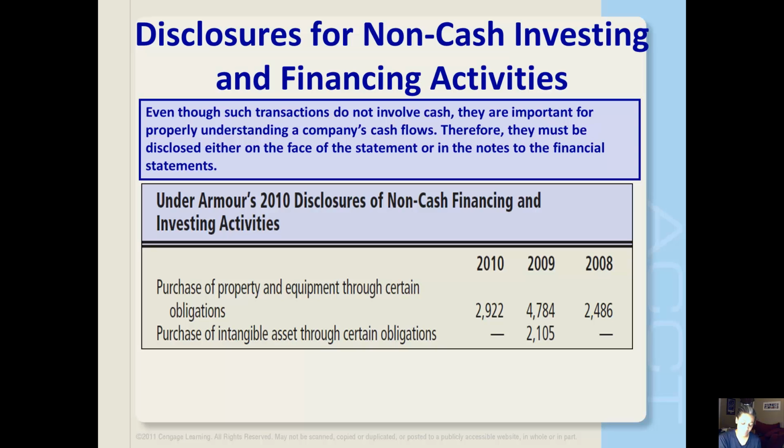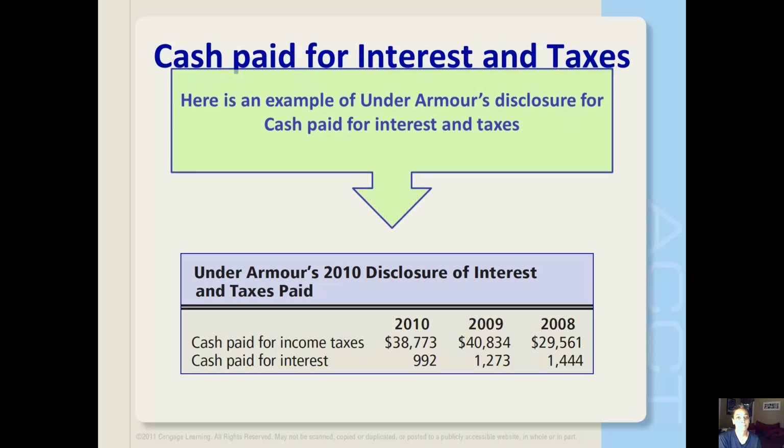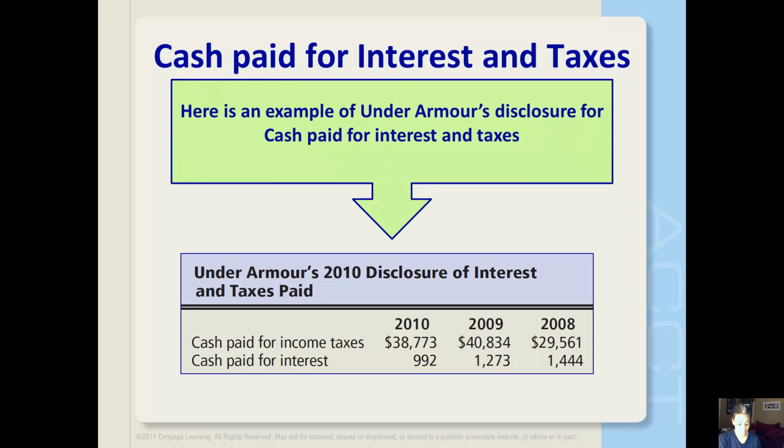Even though these transactions do not involve cash, they are important for properly understanding a company's cash flows. Therefore, they must be disclosed either on the face of the statement or in the notes to the financial statements. So these are the disclosures that Under Armour makes on its statement of cash flows. And this slide presents an example of Under Armour's additional disclosure for cash paid for interest and taxes.